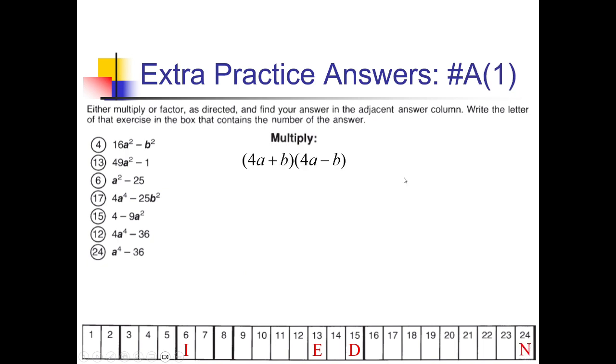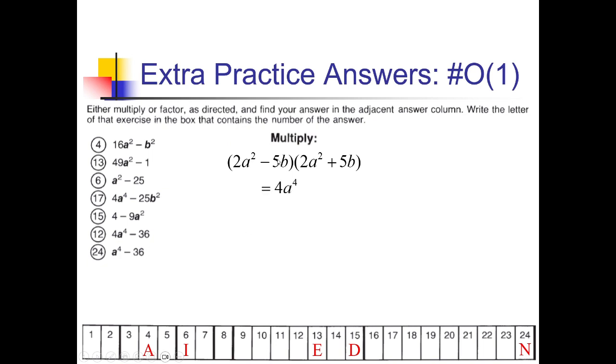For this one, which is the first A of the puzzle, we have 4a getting squared, so that's 16a squared. Second thing squared is b squared, so we have minus b squared. 16a squared minus b squared is number 4. So we've got 4 with an A. Now we've got the first problem O of the puzzle, and this looks like a lot of fun squaring happening here. 2a squared, if I square that, I'm going to have 4a to the 4th.